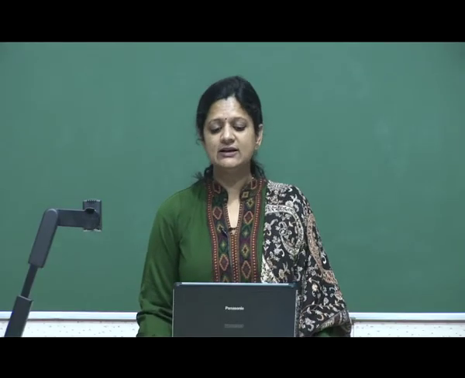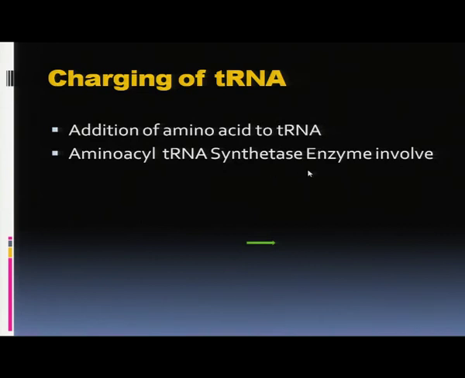The amino acid transfer RNA synthetase enzyme is involved in this process, which helps in the binding of amino acid with the transfer RNA. The process is also called amino acylation.